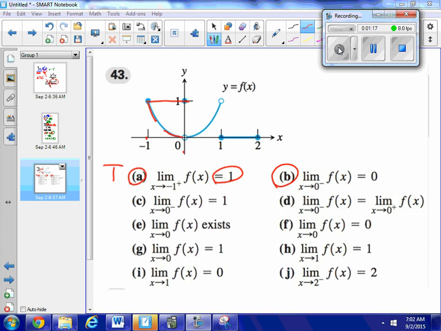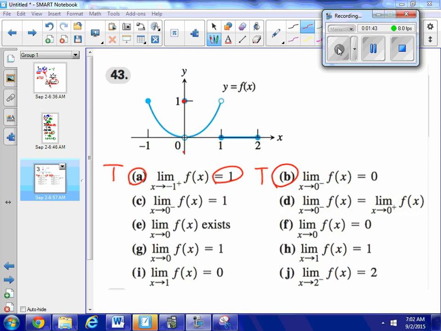Does my limit look like y equals 0? Yes, I think that's true. Now, I can see that when x equals 0, my y is equal to 1. But the limit is as it's getting really, really close to, but not equal to. So this one is true.